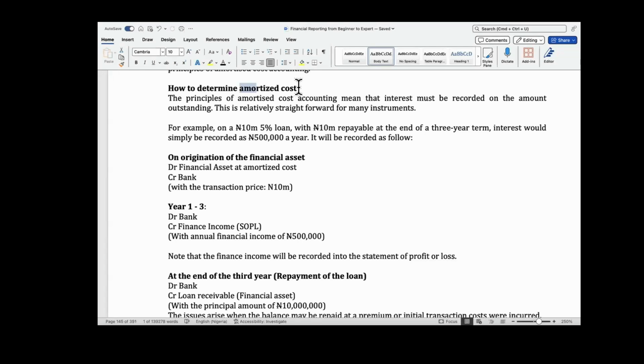So how do you determine amortized cost? The idea of amortized cost comes from the fact that on every debt investment, when you lend people money, you will receive interest every year. And doing that is a process of amortization. It might also affect the value of what you are owed, especially if the interest has not been paid at due dates. That means the principal owed will be growing.